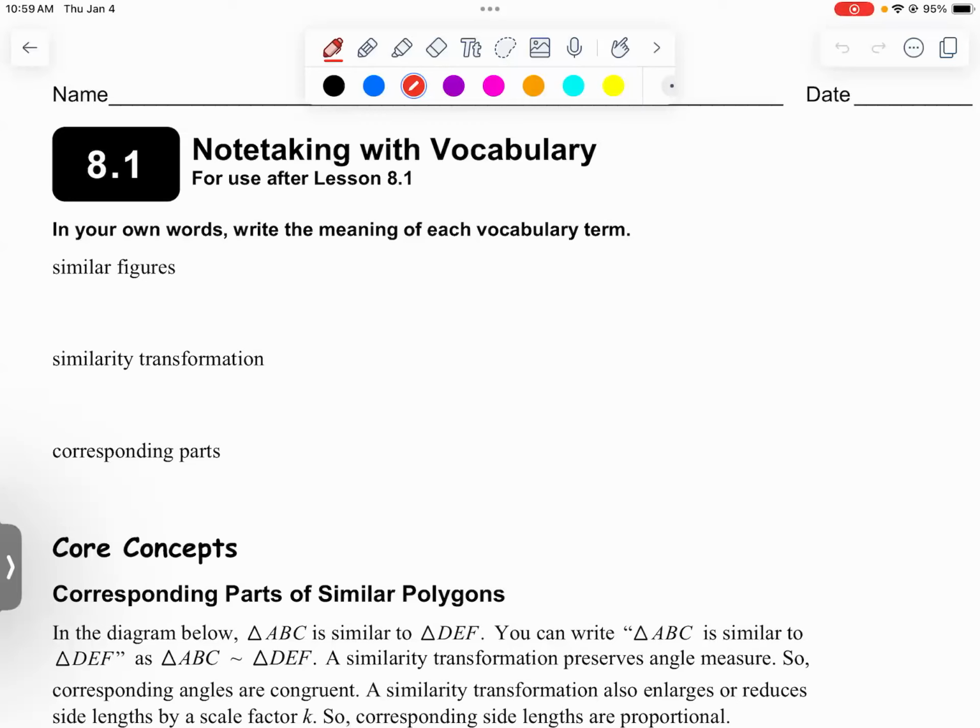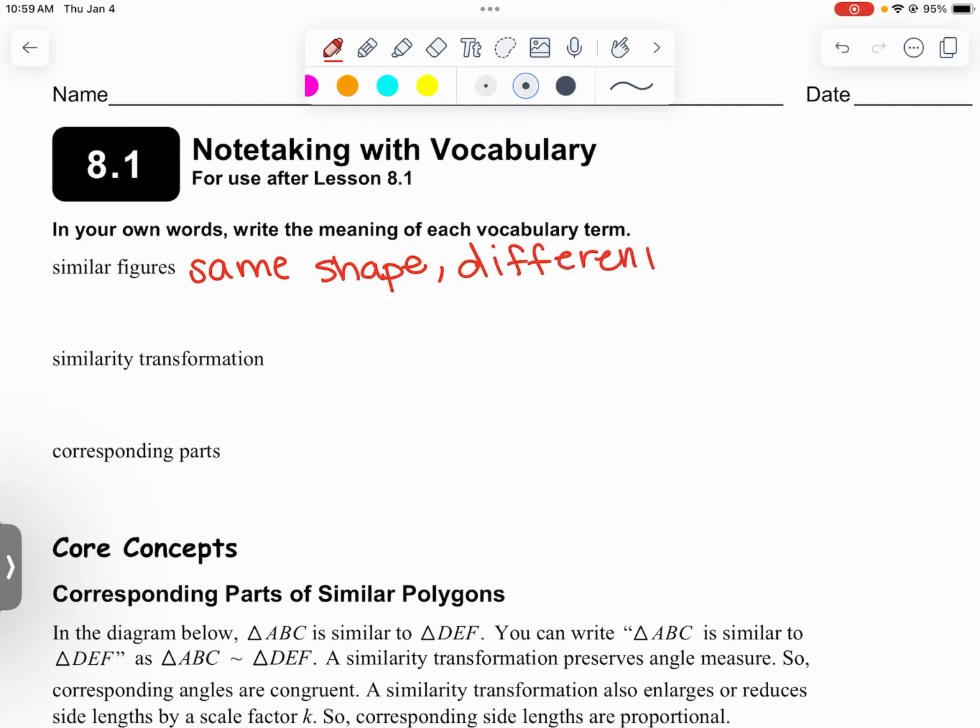Okay, so could we say that they have the same shape, but different size? Dilation. Like a dilation.